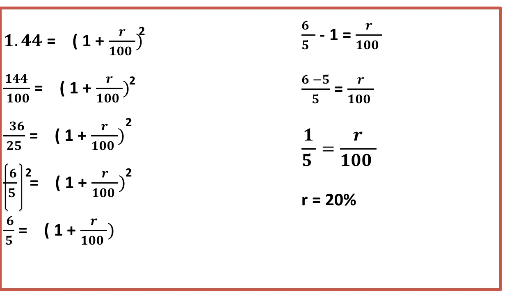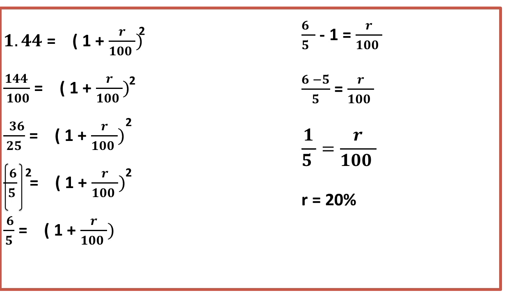Just observe the left hand side. 1.44 can be expressed as 144 by 100. As we solved in the previous problem, on the right hand side we have the value with power 2. So the value on the left hand side should also be expressed with the power 2.